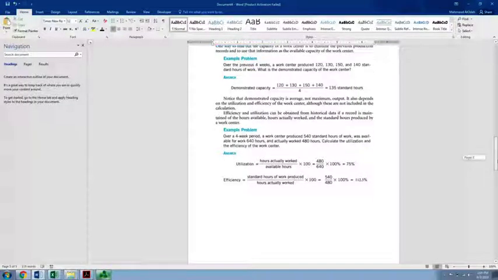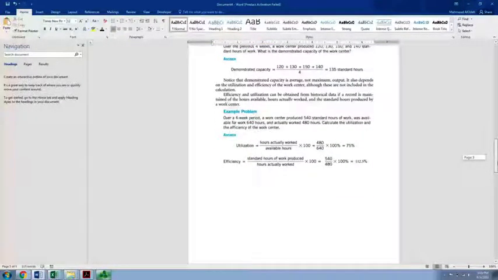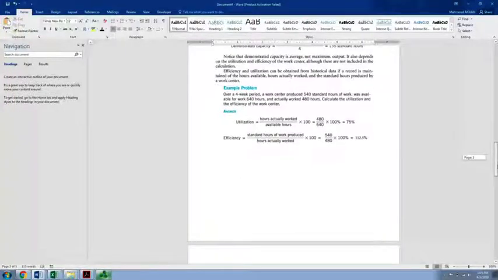All right, let's move on to a more challenging question. Over a 4-week period, a work center produced 540 standard hours. So this is the actual one, what they've done. Available hours is 640. What actually worked is 480 hours.